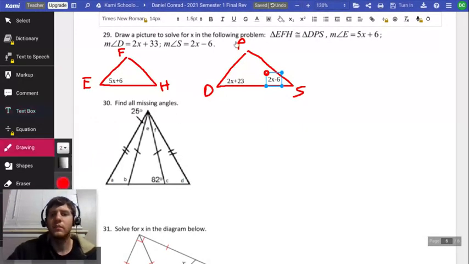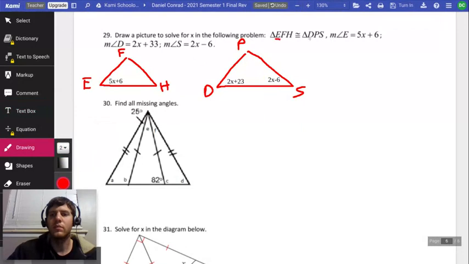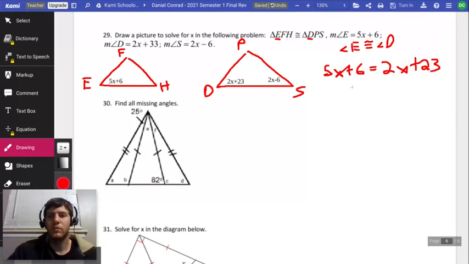The idea here is angle E is going to be congruent to angle D, right? So we can do 5x plus 6 equals 2x plus 23. Okay, subtract 2x from both sides. That's going to be 3x plus 6 equals 23.